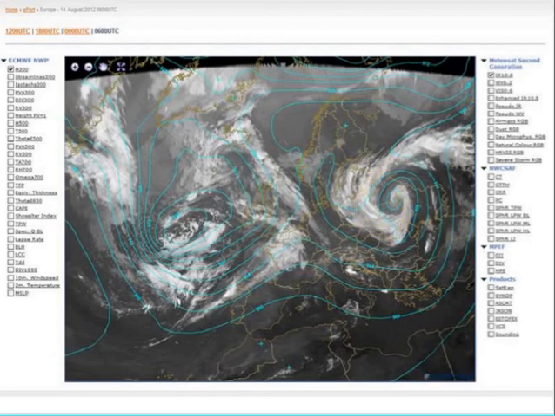The upper level chart, the 300 hectopascal field, shows you that you already have quite a deep low up to the upper troposphere, and also here over the Atlantic the same thing. So you have a low up to 300 hectopascal, probably even higher.